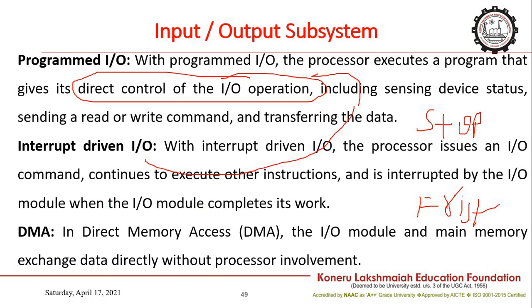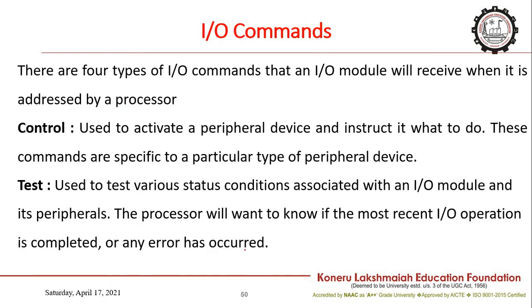So that is interrupt driven IO. And DMA is direct memory access, where the IO module and the main memory exchange data directly without processor involvement. So that is DMA.